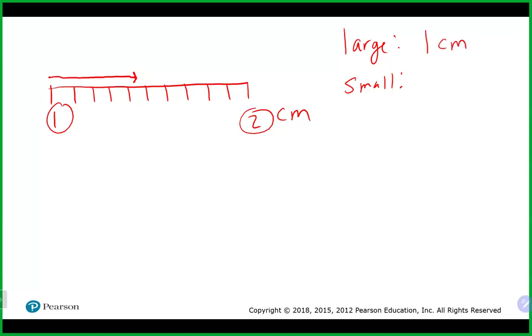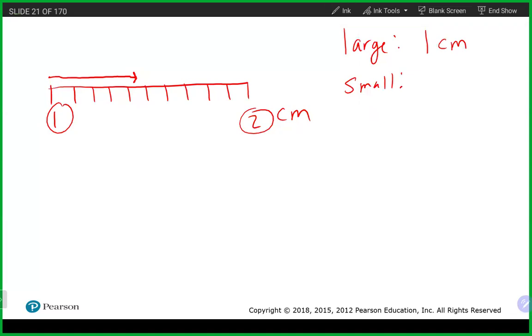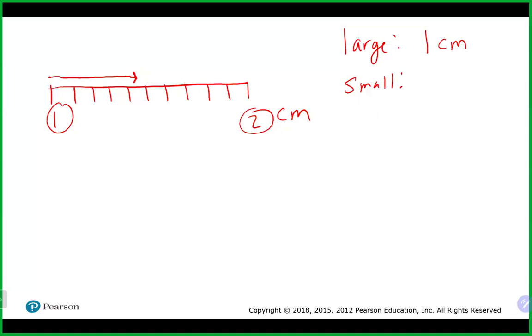So the distance between the two biggest markings represents 1 centimeter. The other thing you want to figure out is what the smaller markings represent, in this case of length. So you need to figure out how many small markings there are between the two big markings.